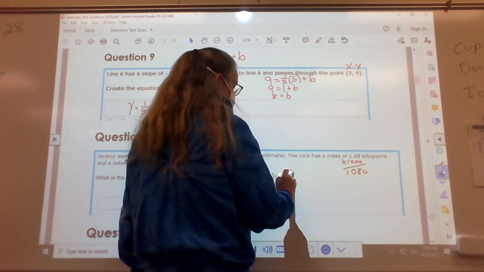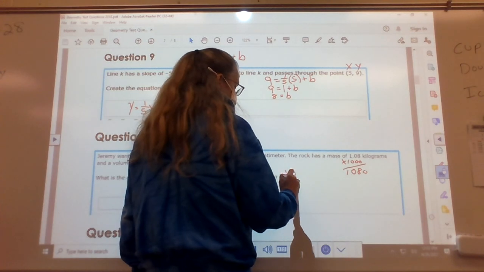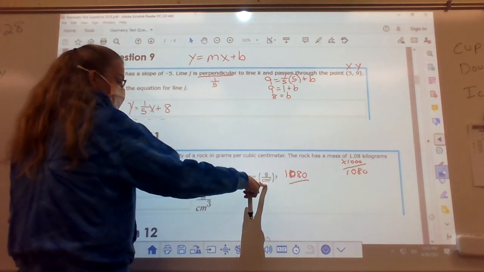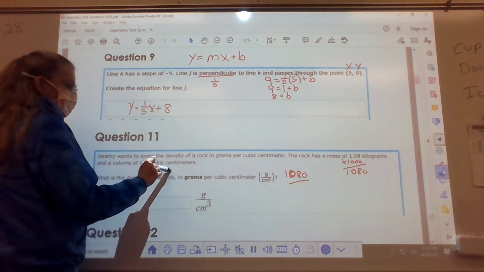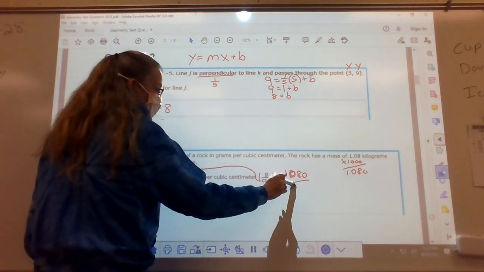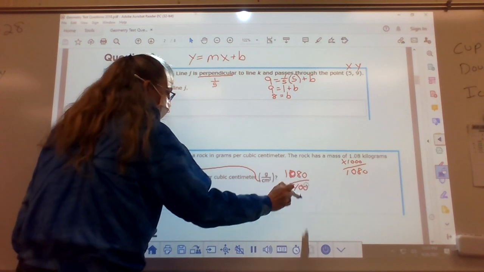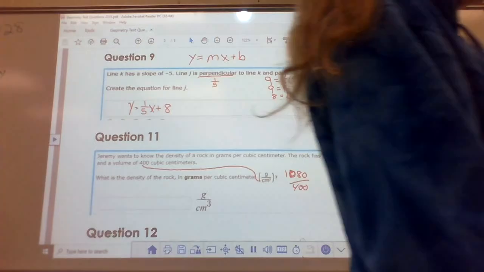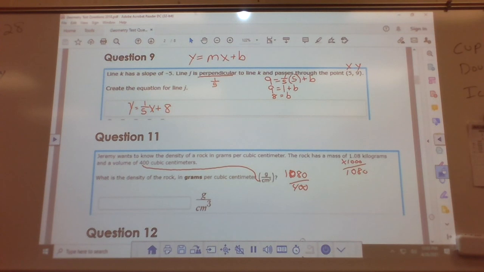That's my grams. Over cubic centimeters. Well, it says there was 400 cubic centimeters. That's my bottom. Divide. 1080 divided by 400 will give me my density. 2.7.